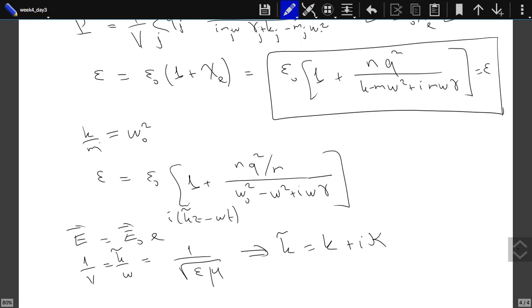This k tilde, when it has an imaginary part, kappa over here, it tells me that as the wave is moving in the z direction, its amplitude will get smaller and smaller. It cannot propagate. It will just disappear in my medium when kappa is non-zero.